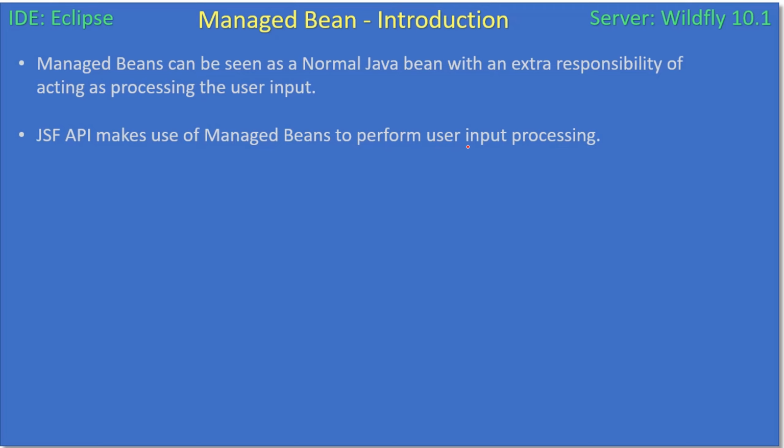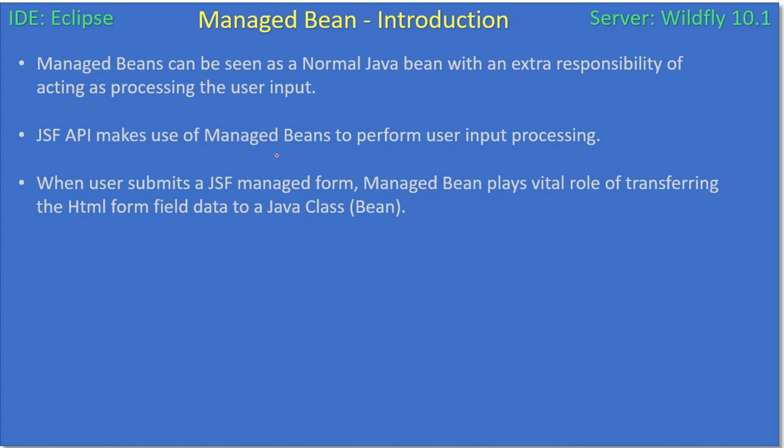Here we are going to take form field data and store it in a managed bean. A managed bean may have one or more fields, and we will see how this mapping works with a managed bean.